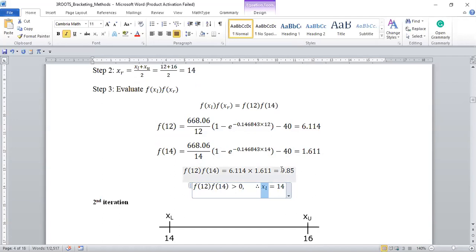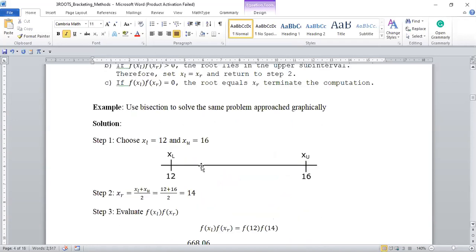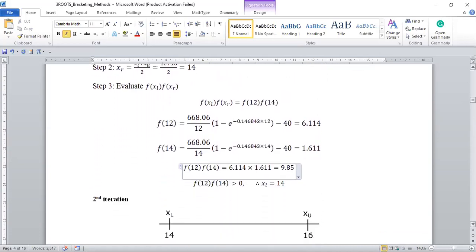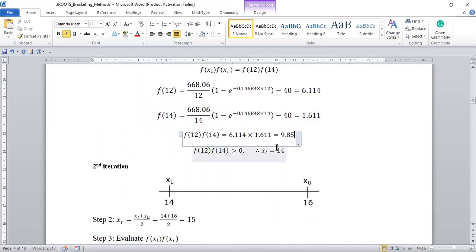Previously our xl was 12 and our upper limit was 16. Since we got a positive number, you set the lower limit as 14, so the lower limit changes to 14 while the upper limit is still the same.